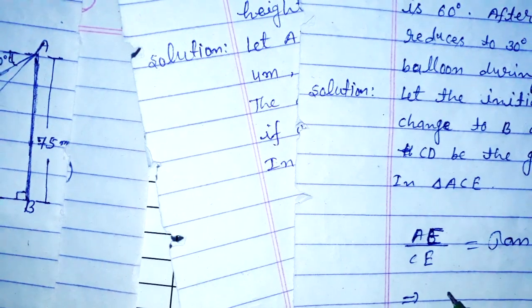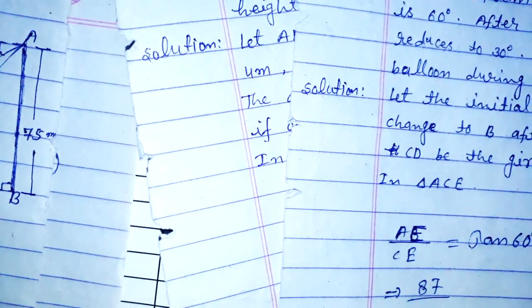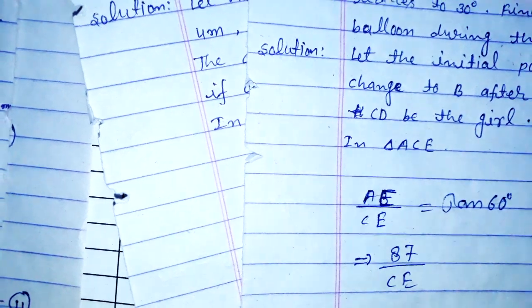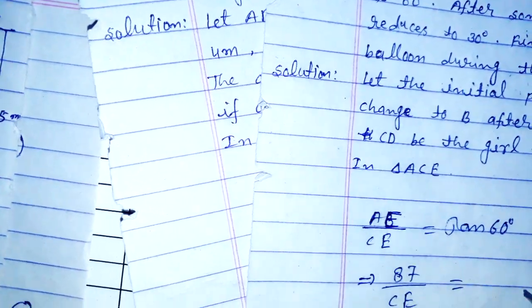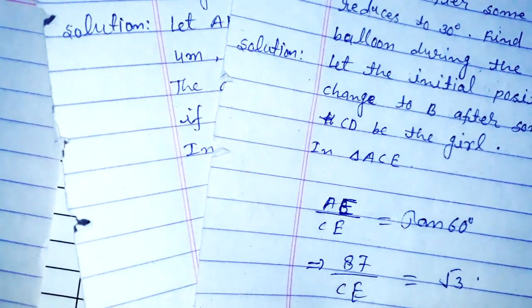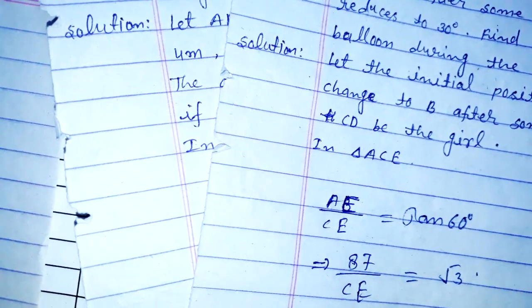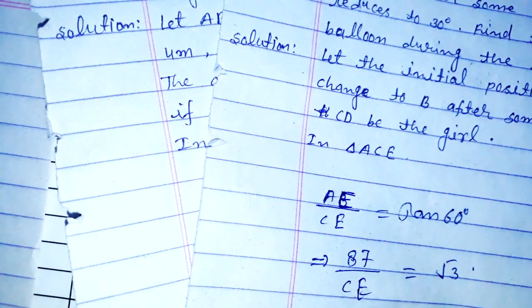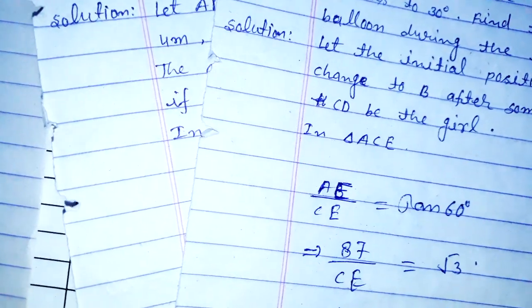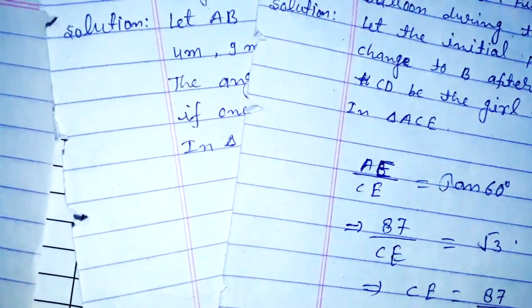So here put the value, 87 upon CE. This is the value of tan 60 degrees, root 3. So CE is equal to 87 upon root 3. So take this value first.